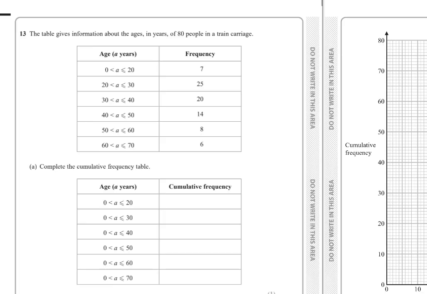Number 13. The table gives information about the ages in years of 80 people in a train carriage. Complete the cumulative frequency table.